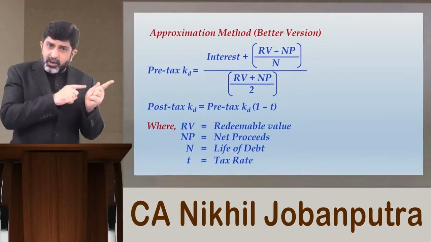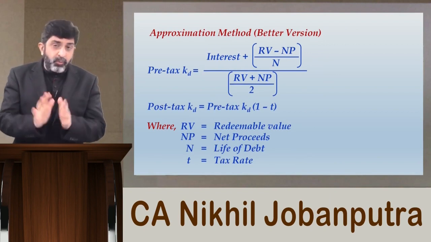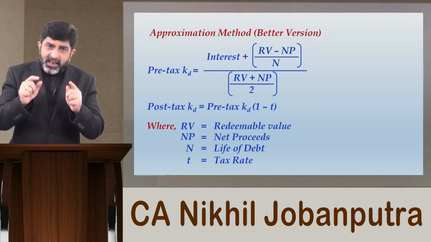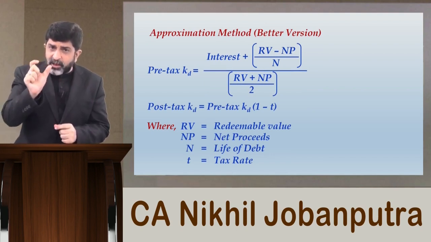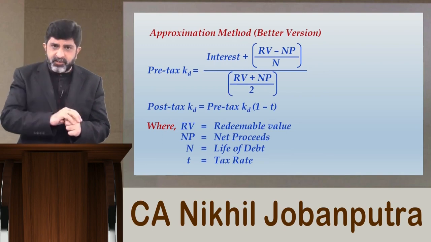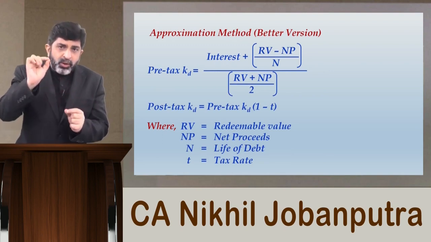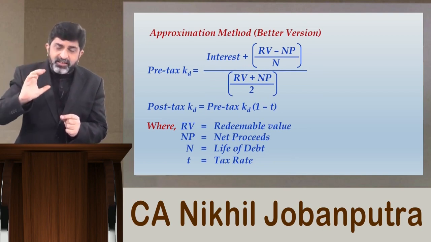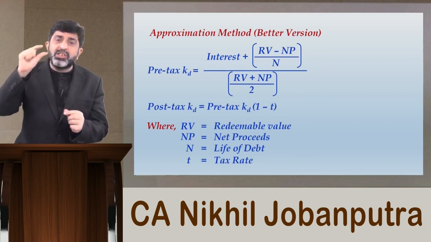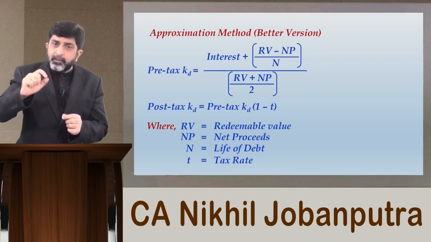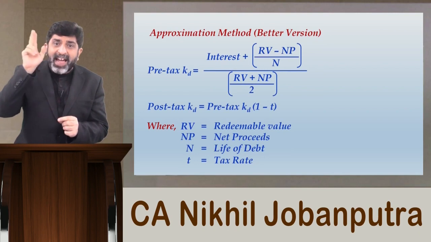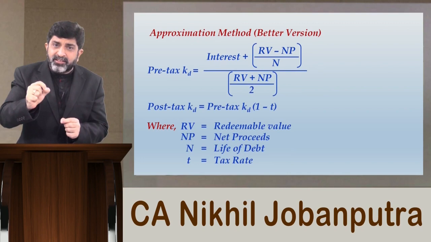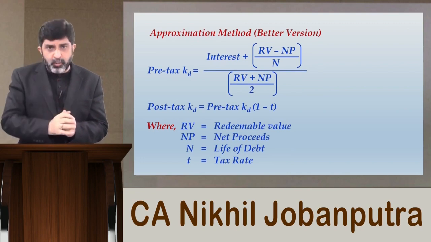The earlier formula that I have displayed on screen, which I don't call a proper version of the formula, over there the factor of 1 minus t was applied only on interest, whereas when you take redeemable value minus net proceed divided by n number of years, that is also an additional component of cost of debt, and logically as per tax law this is also allowed as an expense from taxation viewpoint.